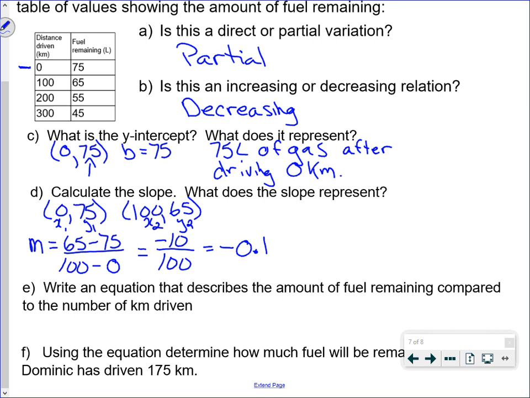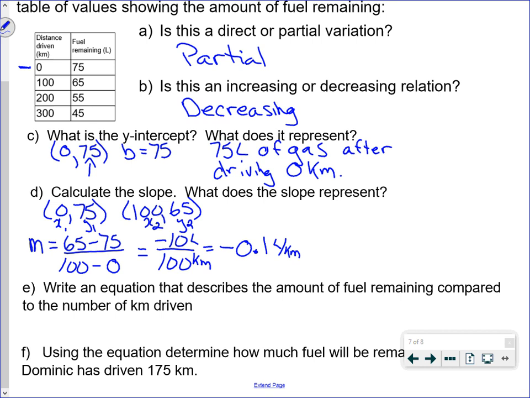So what the slope represents, when we calculated this out, our y values were actually the liters of gas remaining in the tank, and our x values were the kilometers that were driven. So when we calculate our negative 0.1, this is actually liters per kilometer.